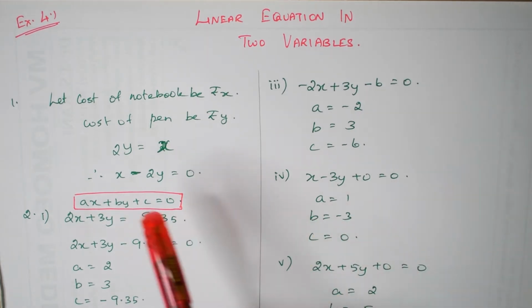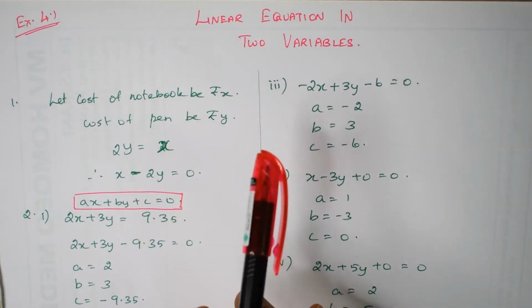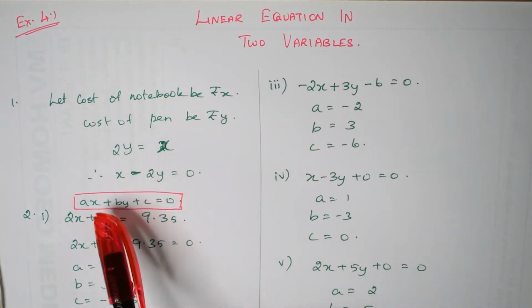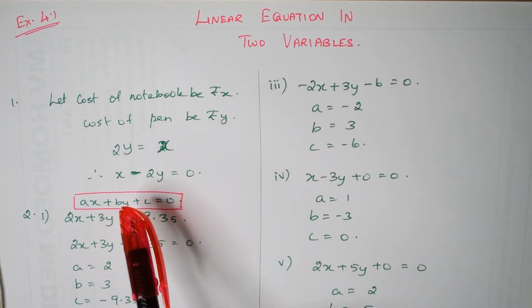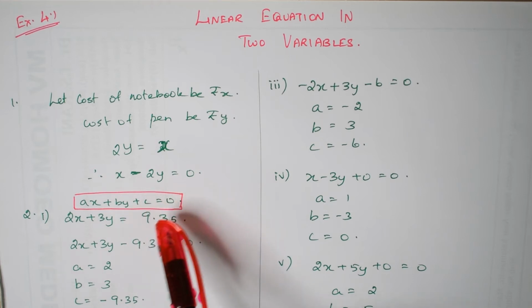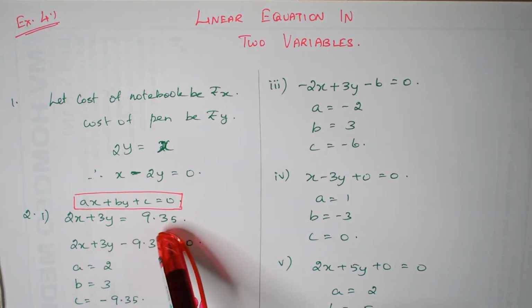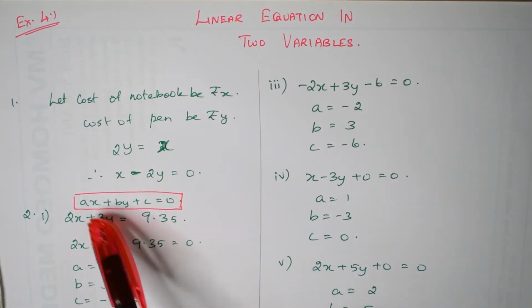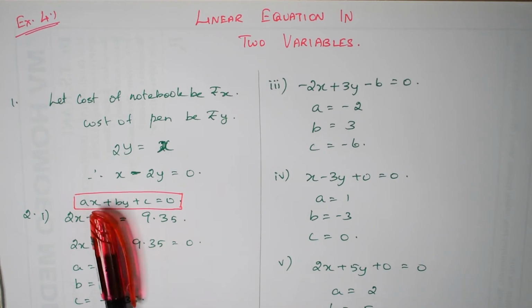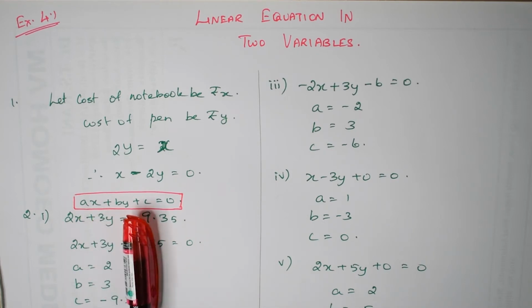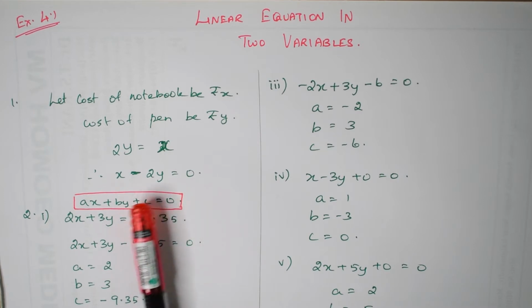So ultimately, when you are representing the straight line on a graph sheet, it also has an x coordinate and y coordinate. So the general format of a linear equation is ax plus by plus c is equal to 0. Here x represents the x coordinate, y represents the y coordinate, and c becomes the constant.